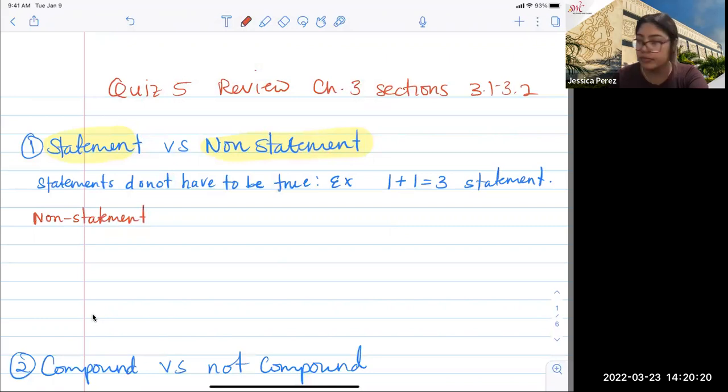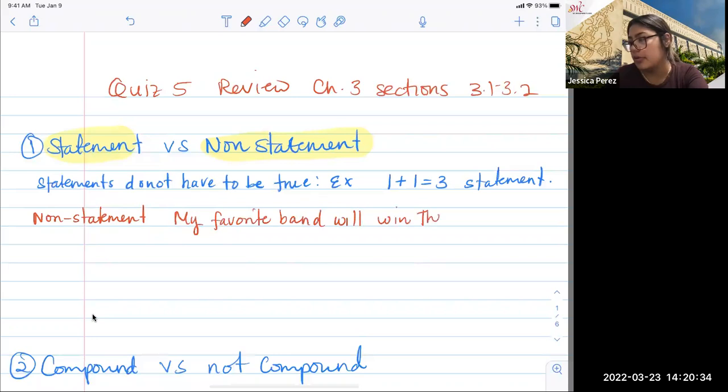So let's say my favorite band will win the Grammys. I mean, we're not sure about this, right? So this is not a statement.